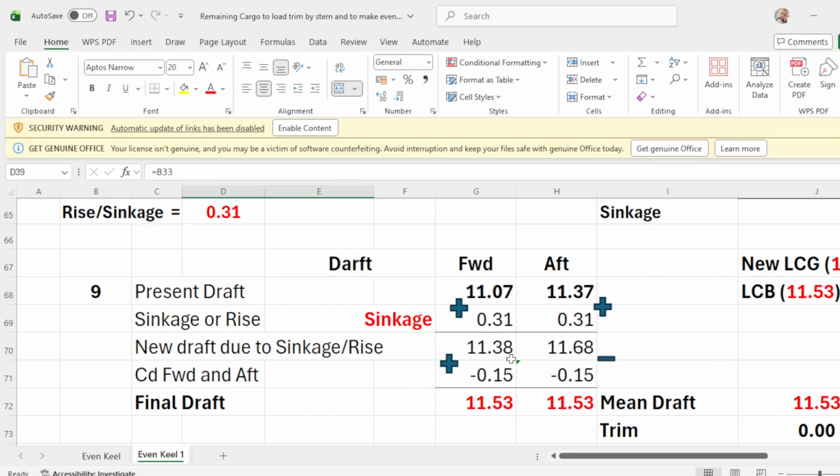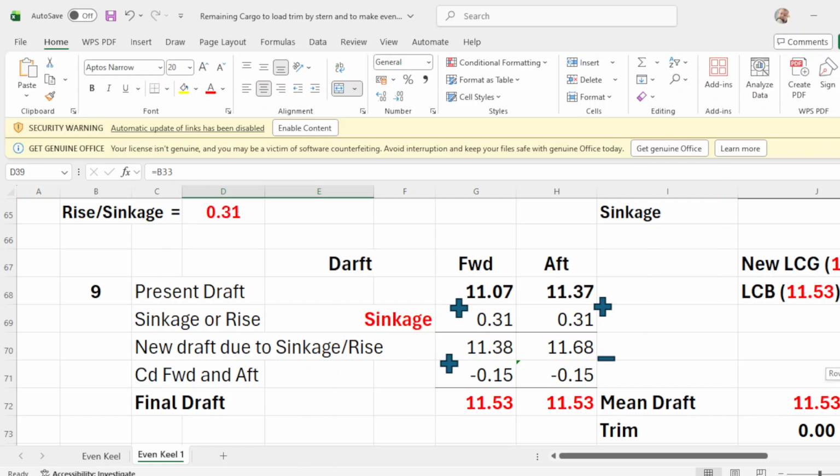So you add this one, that will be 11.53, and aft will be subtract. So 11.68 minus negative 0.15, that will be 11.53, which is now mean drop, even keel. Forward is 11.53, aft drop is 11.53, mean drop is 11.53, then trim is 0.